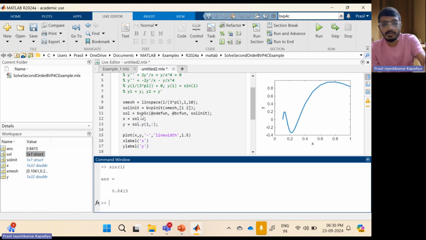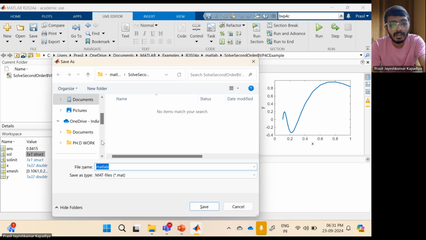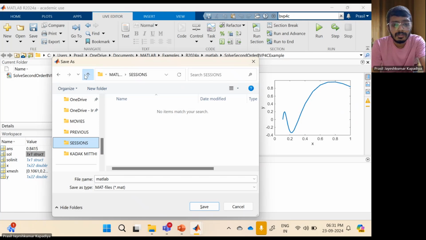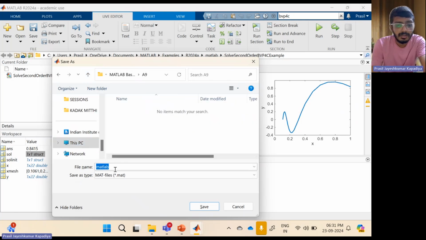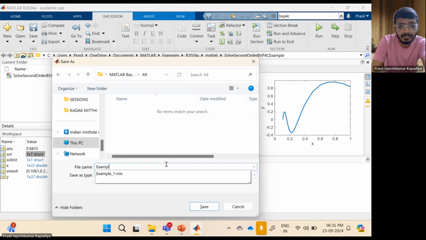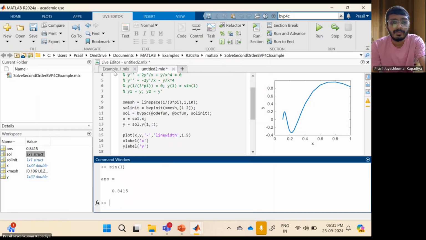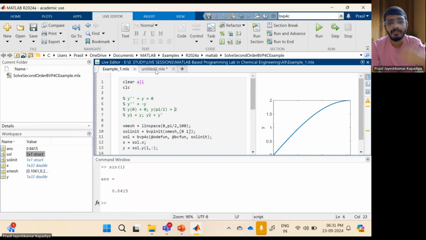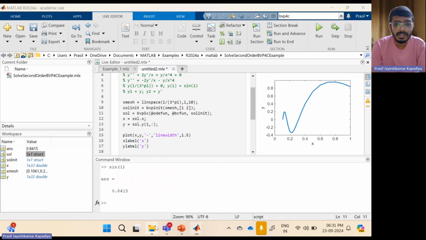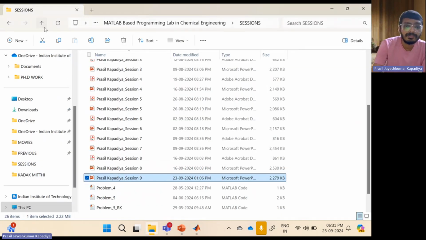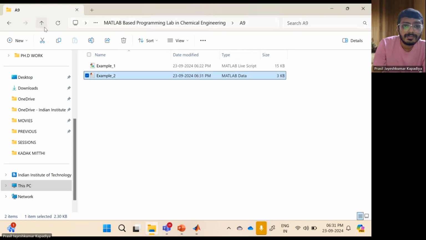Okay. So let me save this example. E9. This is example 2. I guess it's not saved. No, it has just saved data.